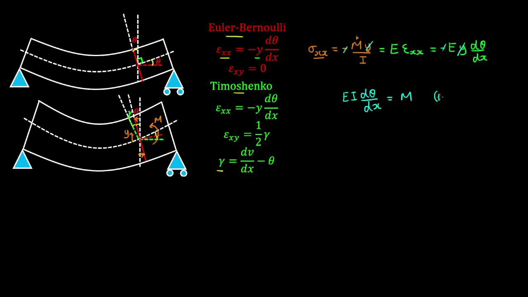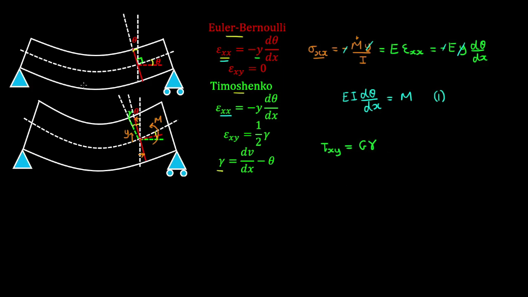And that's our first equation, which is applicable to both beams. Now for the Timoshenko beam, we need to use an additional relation, being the constitutive relation between the shear stress and shear strain, which is related by the shear modulus.